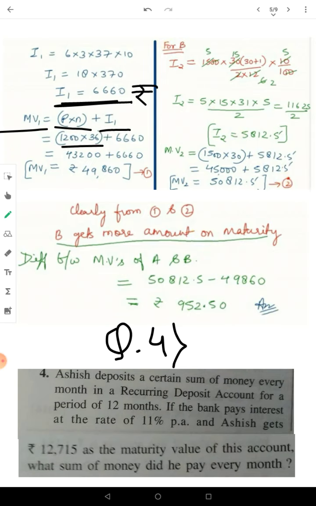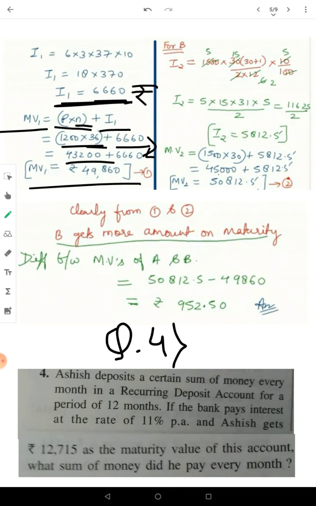Principal is 1,200, N is 36, and I1 we have found is 6,660. So that will be 43,200, the multiplication of 1,200 into 36, plus 6,660. So MV1 is 49,860 rupees, right? So maturity value of 1 we found out.